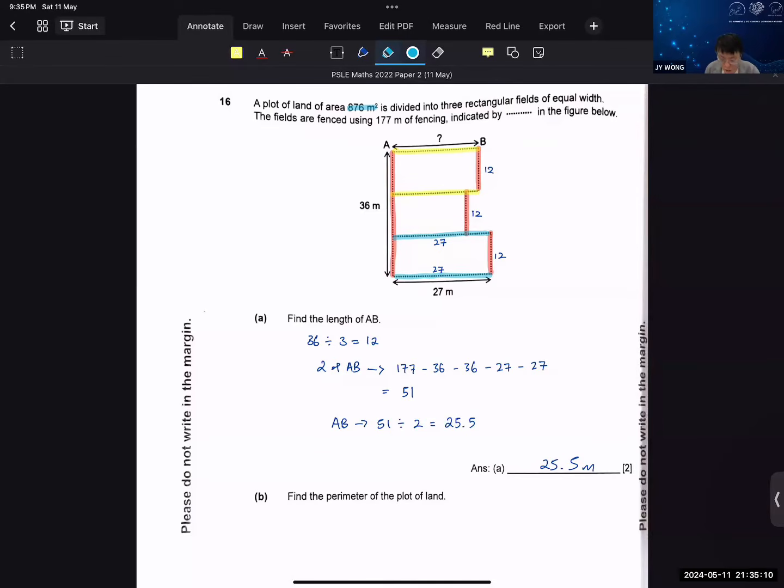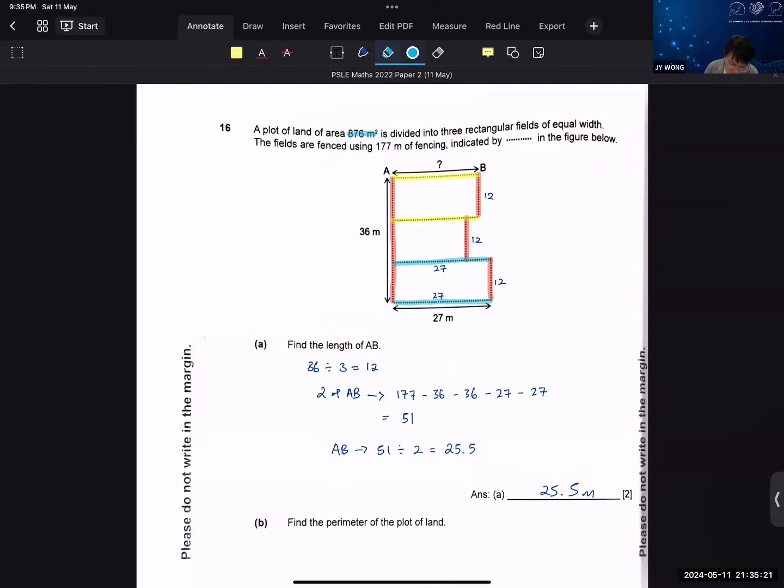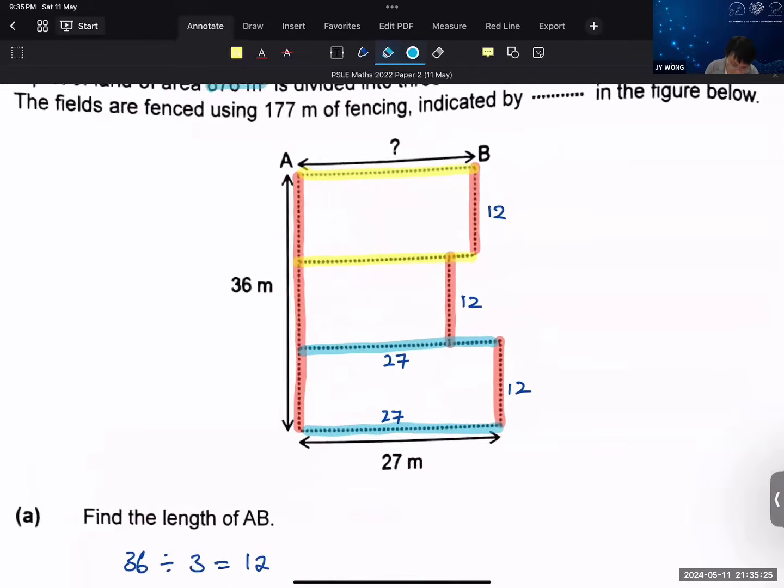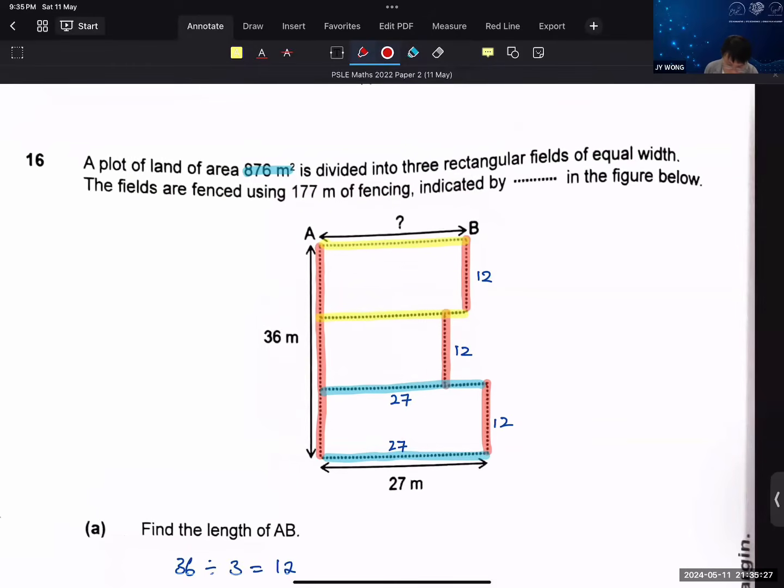So unfortunately, to find the perimeter, you need to find certain things.